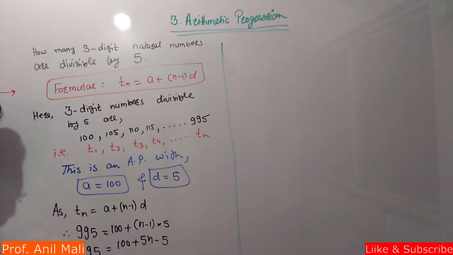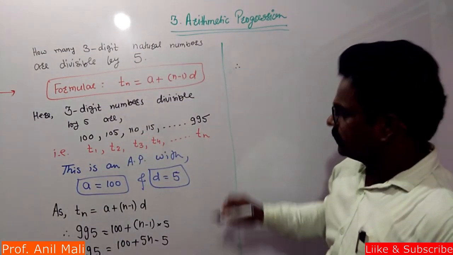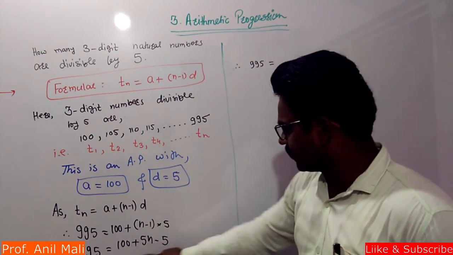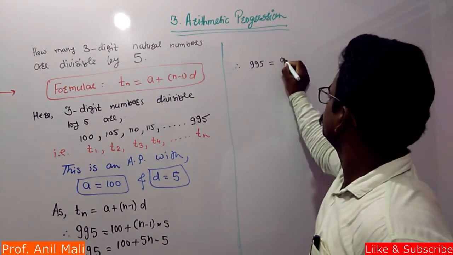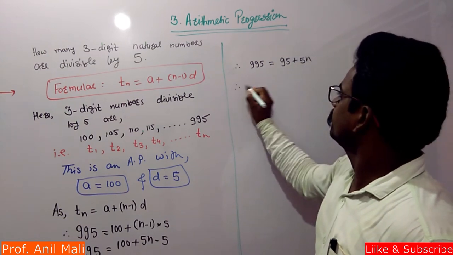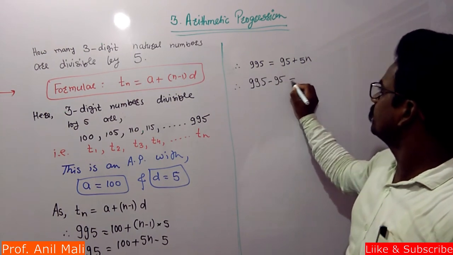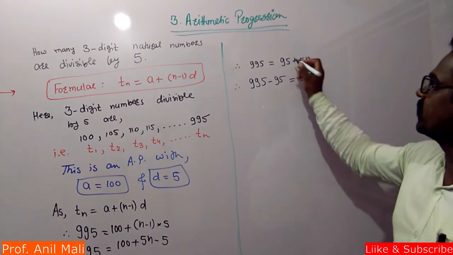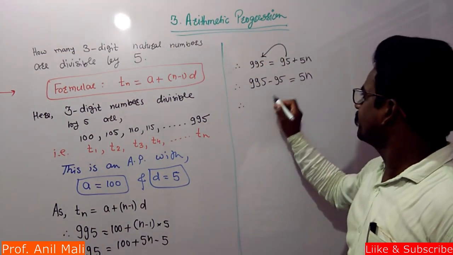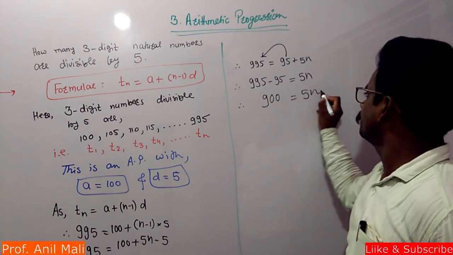Okay, no problem. So the same can be written this way: 995 is equal to 100 minus 5, which is 95, plus 5n. Therefore 995 minus 95 is equal to 5n. This 95 is just transferred to that side. Therefore 995 minus 95 becomes 900, which is equal to 5n.